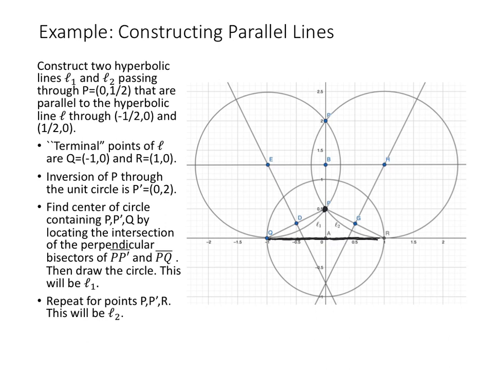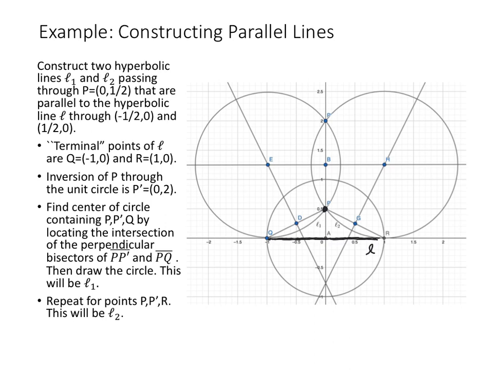Now, to produce two hyperbolic lines that pass through P and are parallel to our given line, which I'll call L, we need to produce two circles passing through P and orthogonal to the unit circle.